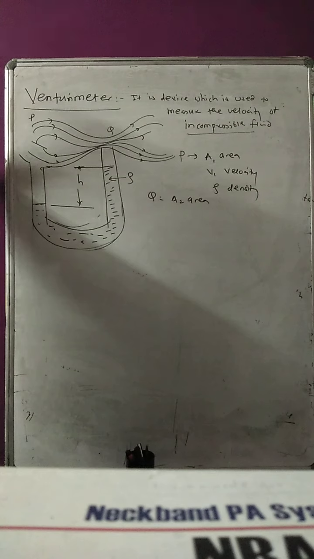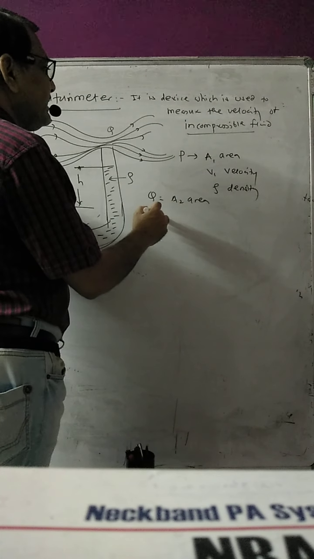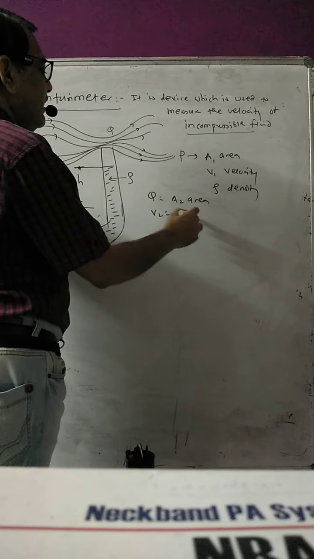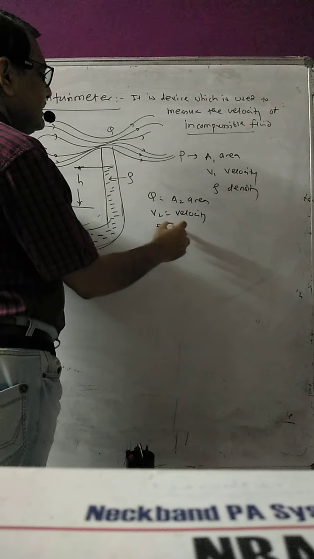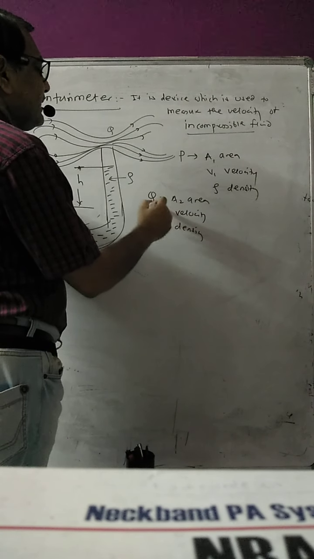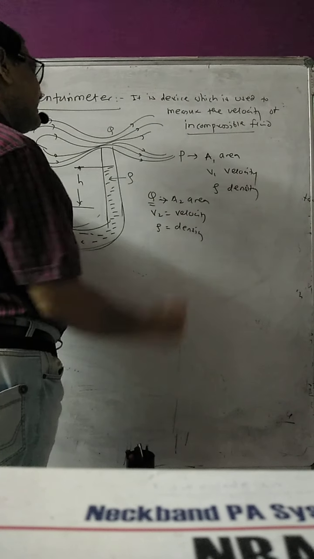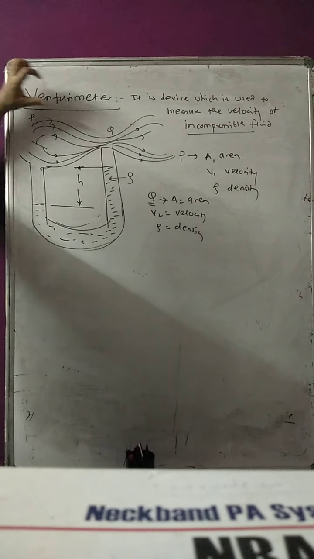V2 is its velocity at that point, and rho is its density. Okay, so these are the conditions at point P and point Q.